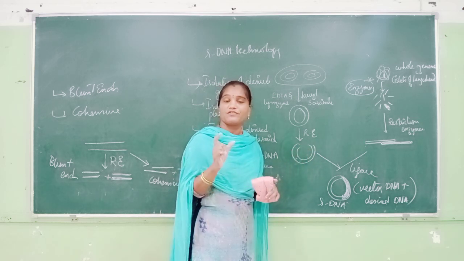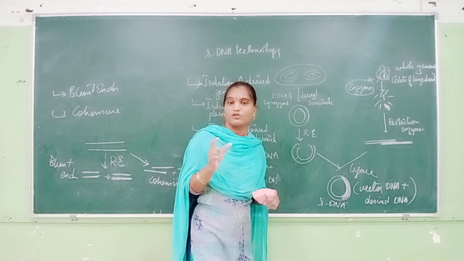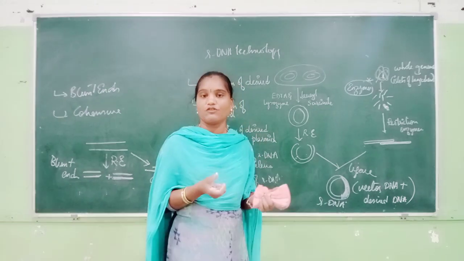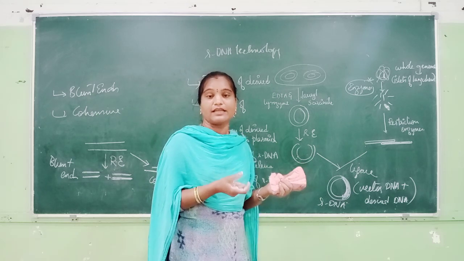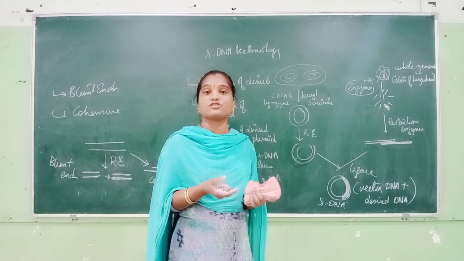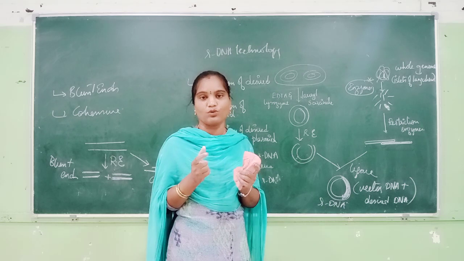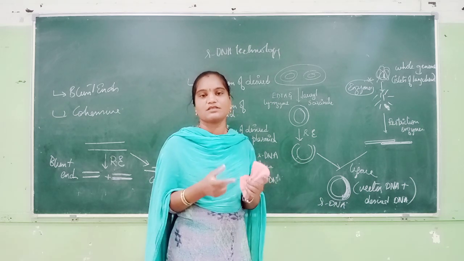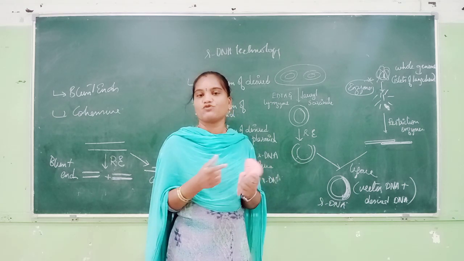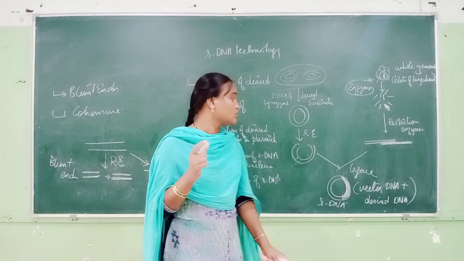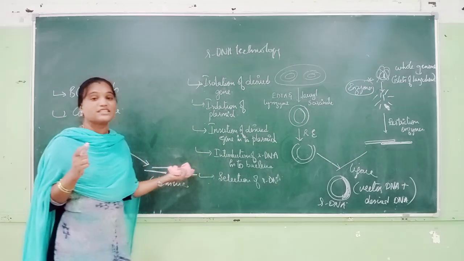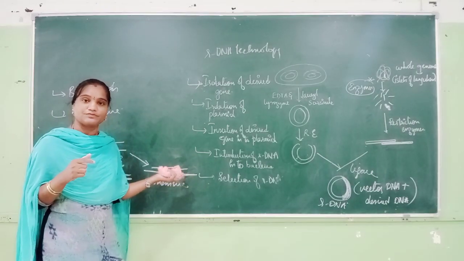Because DNA molecules of different sizes of the desired gene can be carried by the vector DNA into the organism, isn't it? It is used for carrier purpose only. So you need plasmids, cosmids, bacteriophages, whatever, depending upon the size of your DNA molecule. Got it? So this is the principle of rDNA technology. Got it? Thank you.